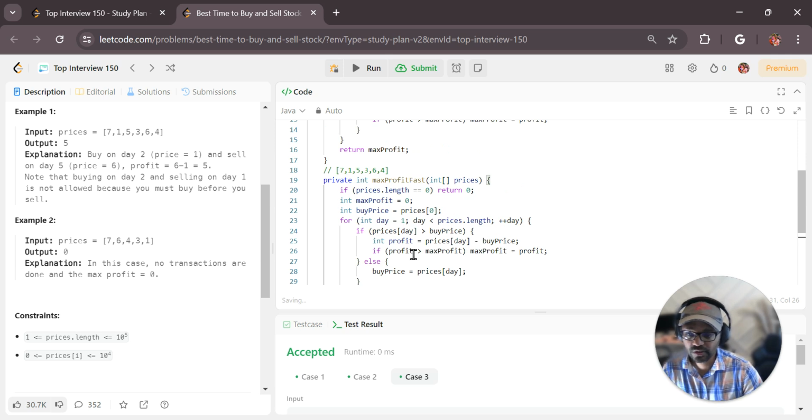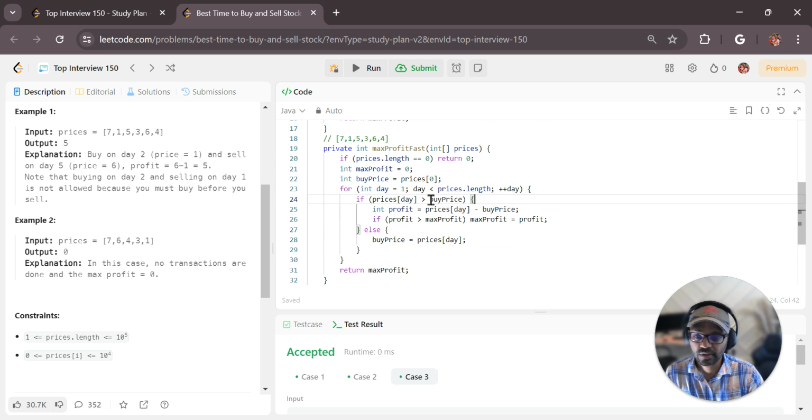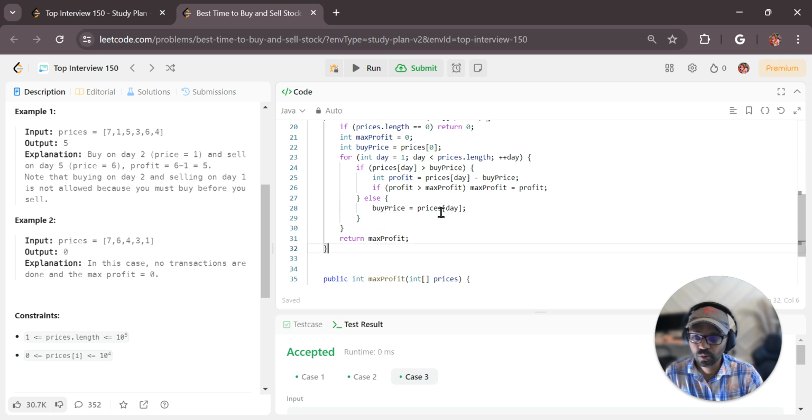So yeah, I think that's the straightforward approach. Like we discussed, just two cases. If we find a price which is higher than our buy price, we calculate profit and update max profit if appropriate. Otherwise, we just make that the buy price. And after the whole loop has ended, we would have found our max profit.